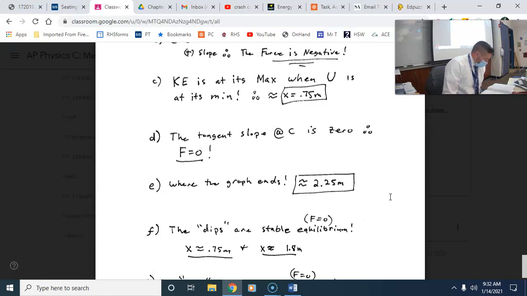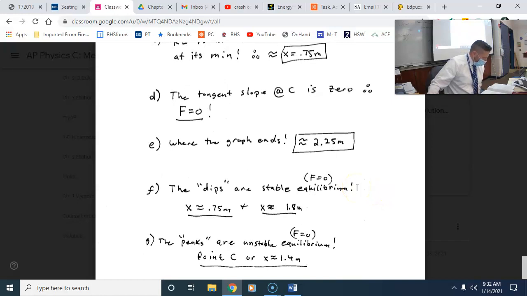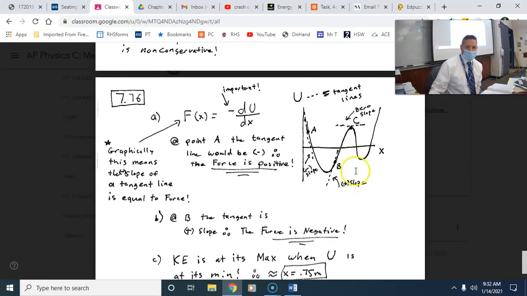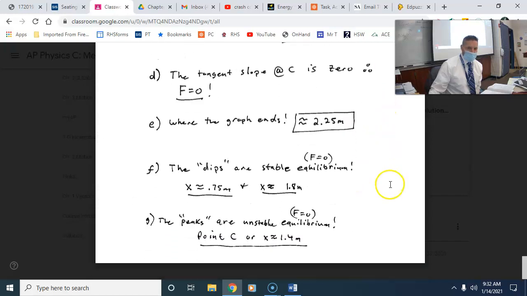It's the largest value for x, the position, so kind of an odd question to ask. It's very simple. You just look where the graph ends at the x position, and that's approximately 2.25. It ends around there. Just reading the graph on that one.